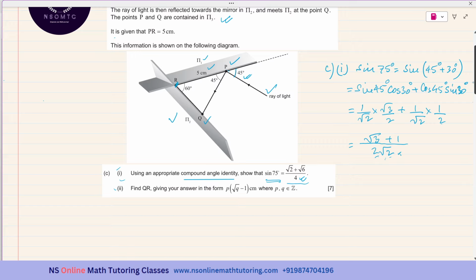I need a 4 in the denominator, so I am multiplying both the numerator and the denominator by root 2. When you have to change the value of either the numerator or the denominator, you have to do the same thing to both, because root 2 over root 2 is equal to 1.